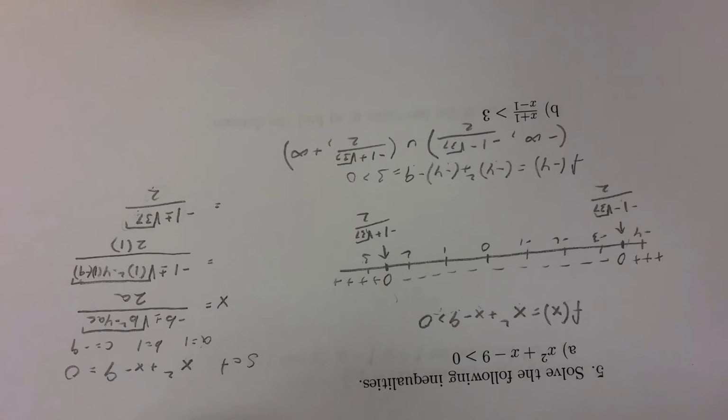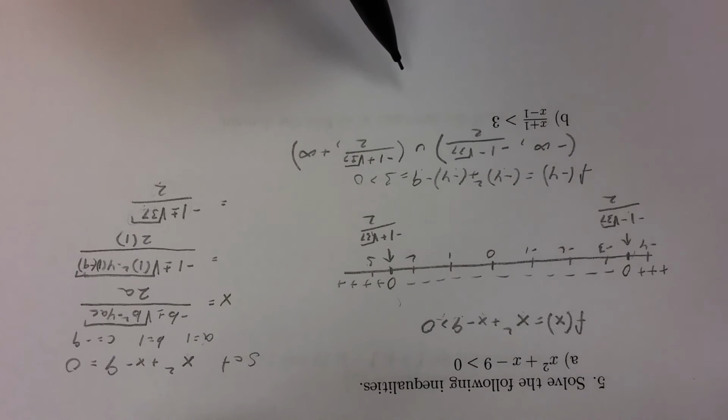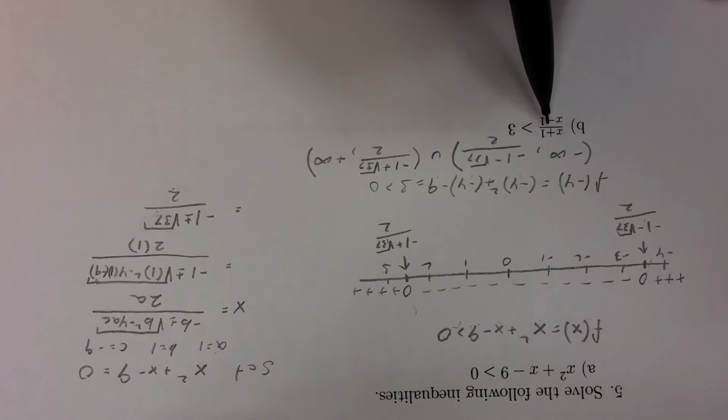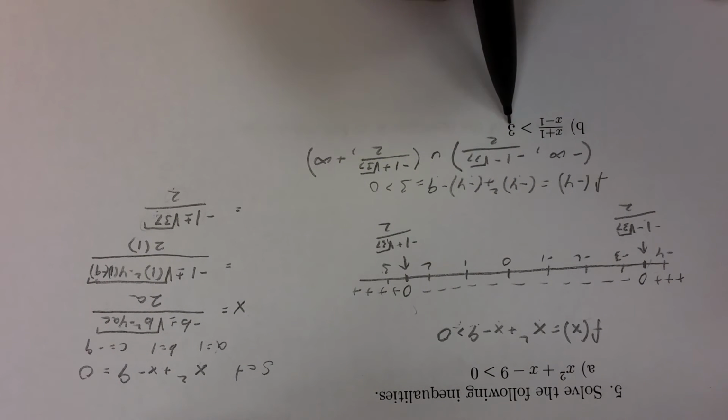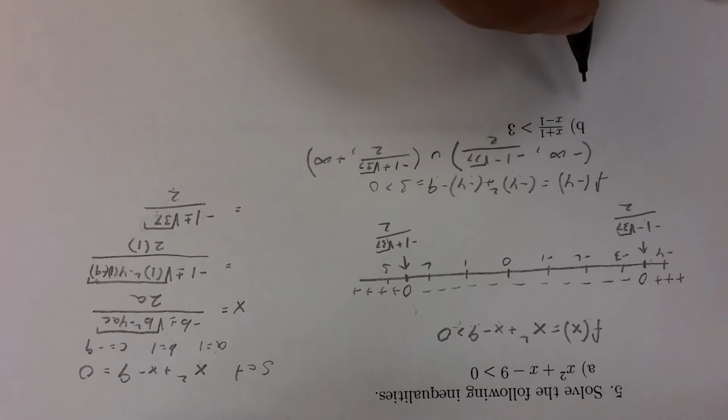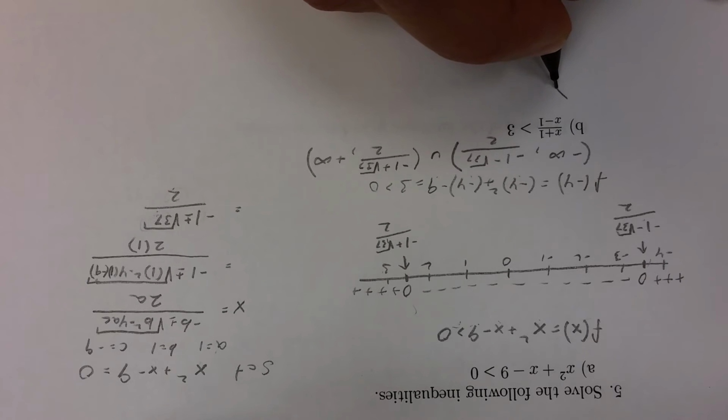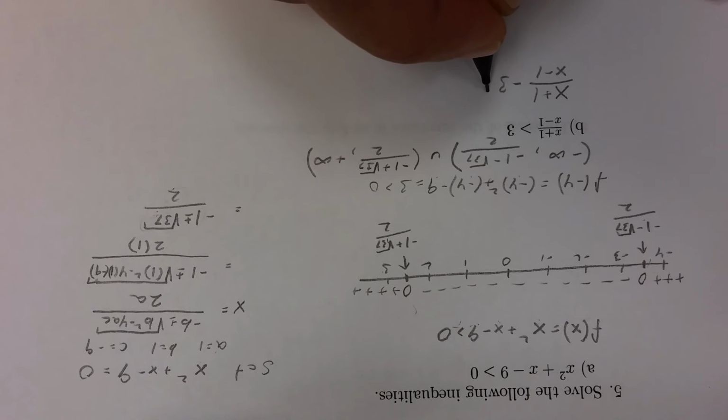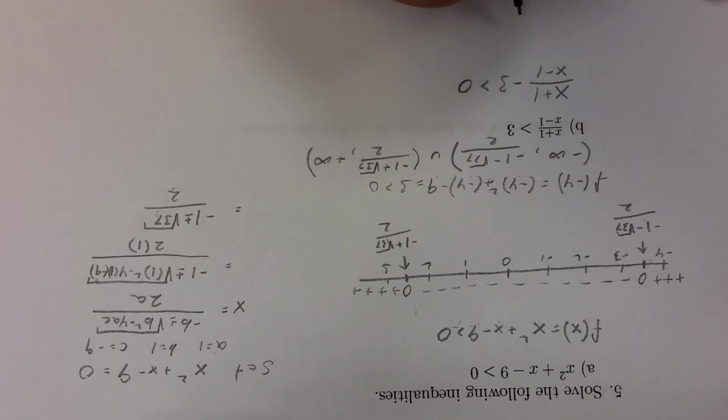Okay, let's take a look at this next one. In this next one, we have x plus 1 over x minus 1 is greater than 3. Let's get a 0 on the right side of the inequality. X plus 1 divided by x minus 1 minus 3 is greater than 0.